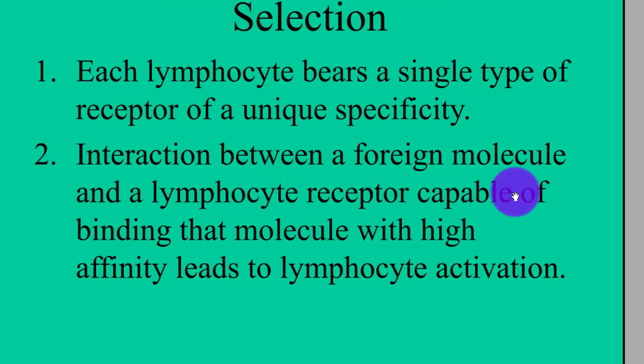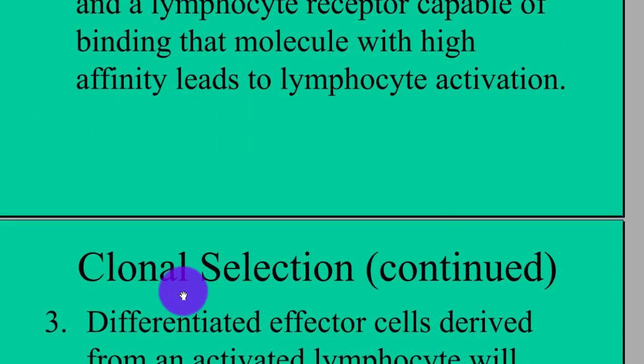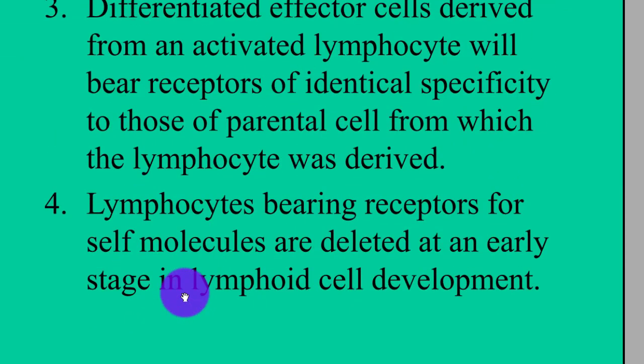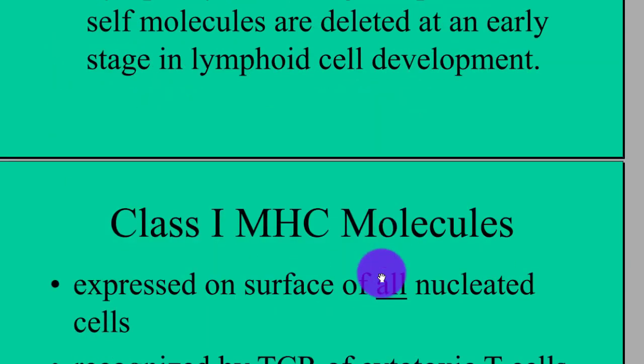Interaction between a foreign molecule and a lymphocyte receptor capable of binding that molecule with high affinity leads to lymphocyte activation. Differentiated effector cells derived from an activated lymphocyte will bear receptors of identical specificity to those of the parental cell from which the lymphocyte was derived. Lymphocytes bearing receptors for self molecules are deleted at an early stage in lymphoid cell development.